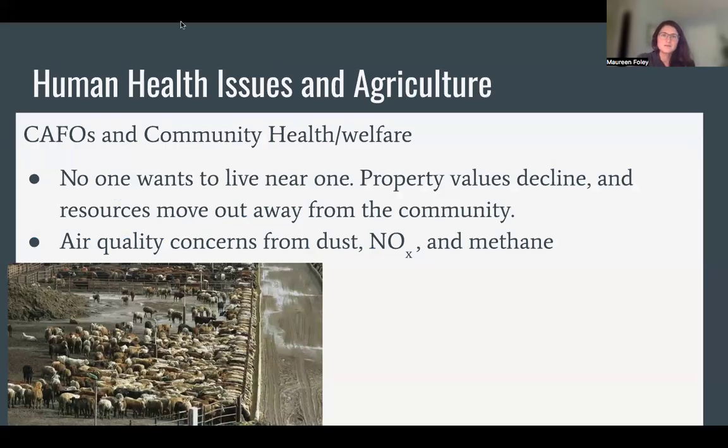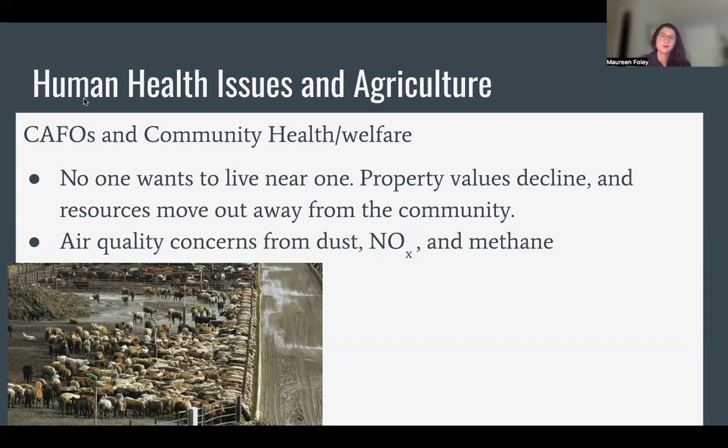So, some other human health issues, CAFOs. CAFO stands for Concentrated Animal Feeding Operation. If you have ever driven through Stockton or Bakersfield, if you've ever driven down I-5 towards LA past Harris Ranch, you know what a CAFO is and you know what it smells like.